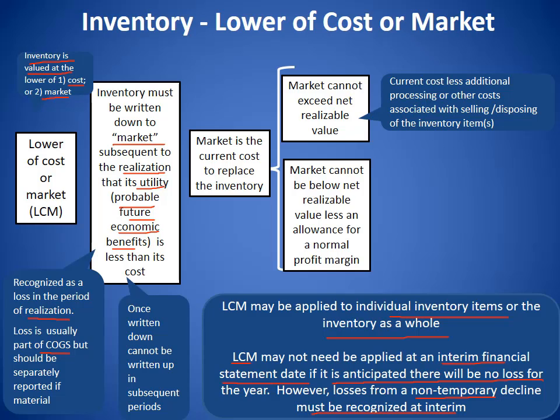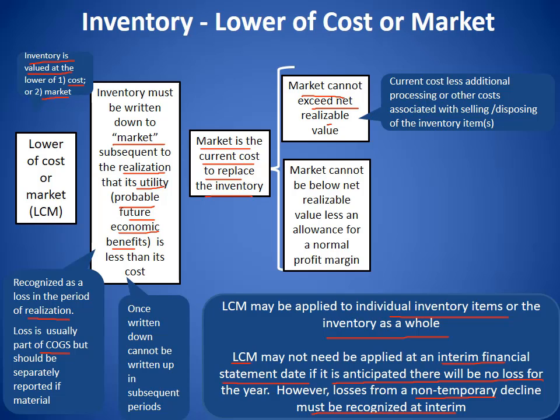Now, market, here's where it gets a little hinky. Market is the current cost to replace the inventory, within a ceiling and a floor. Market cannot exceed net realizable value.